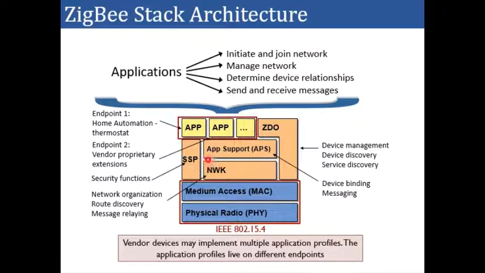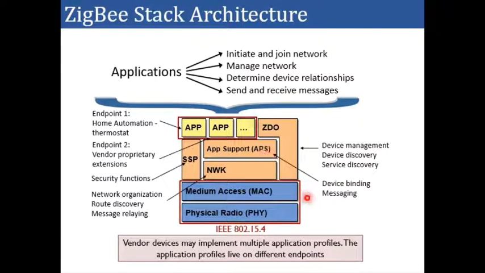Now, the network layer is required for network organization and routing capabilities because the IEEE 802.15.4 does not offer the routing capability. So Zigbee will add a network layer for the network organization and route discovery capability. Security functions will be part of the SSP layer.